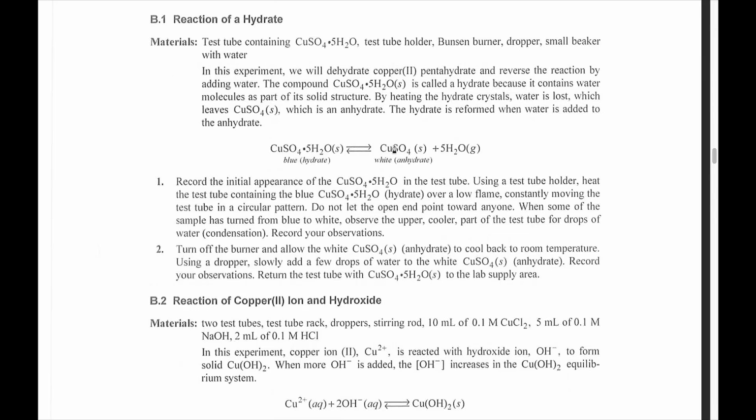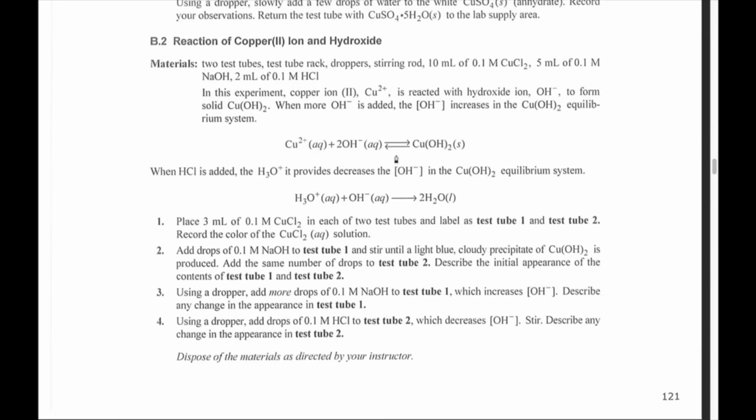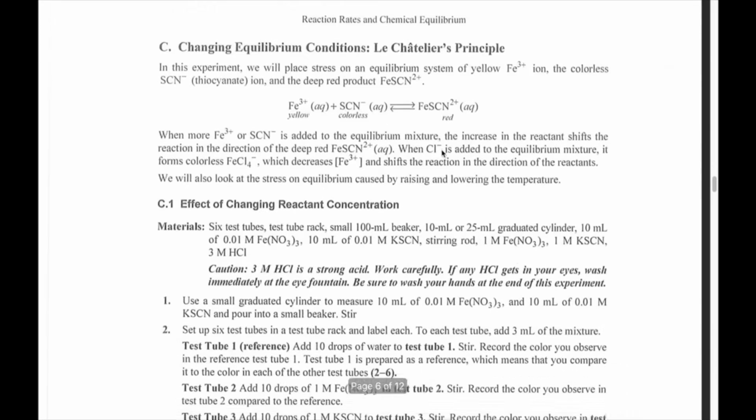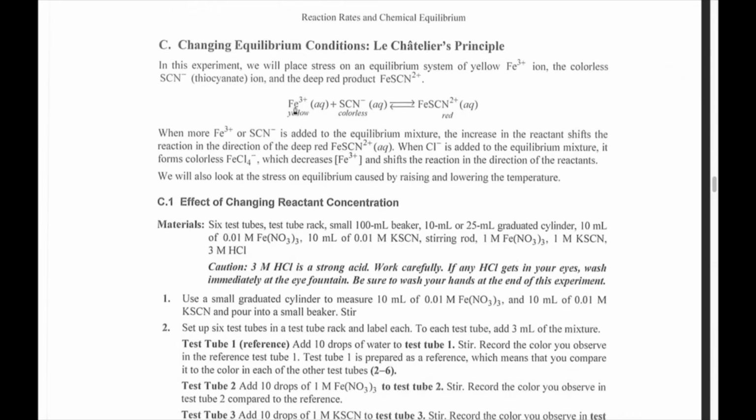Okay, and our anhydrate is the product as this equilibrium is defined, as this reversible reaction is defined. In the case of part B2, please note that here our copper ions and hydroxide ions are the reactants, and our product is the copper 2 hydroxide. Okay, with part C, our iron 3 ions and our thiocyanate ions are reactants, and the red iron thiocyanate complex is our product. So again, keep that in mind when you're answering the questions for part C.